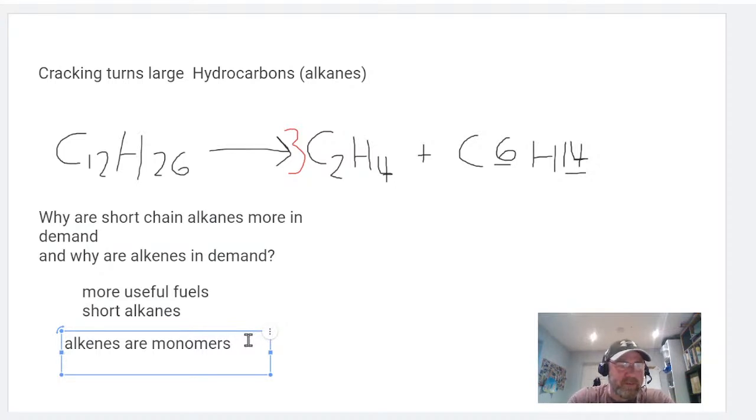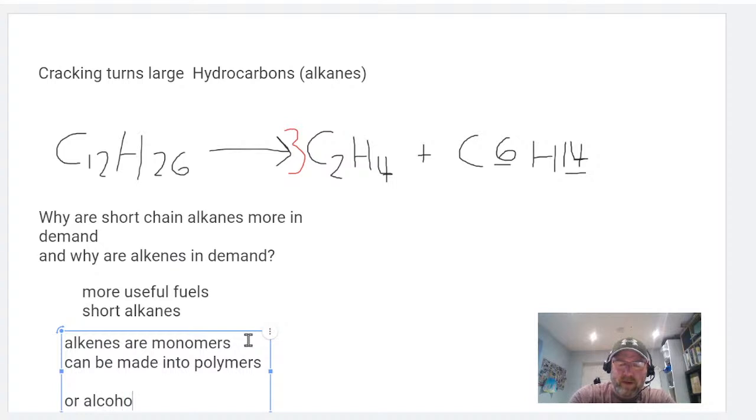Yeah. Alkenes are monomers, can be made into polymers, big molecules, or alcohols. Yeah, cool. And remember, alcohols are solvents and stuff.